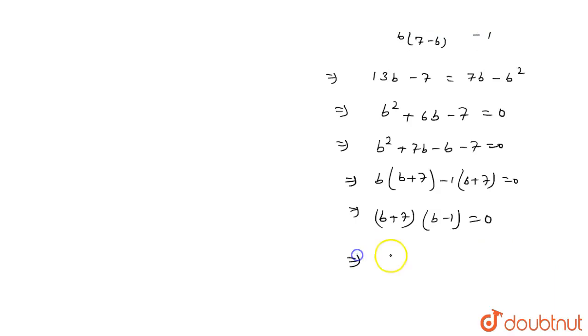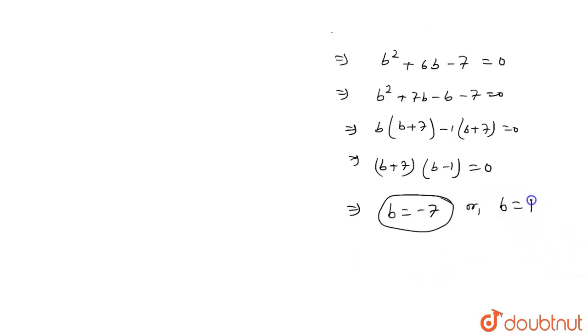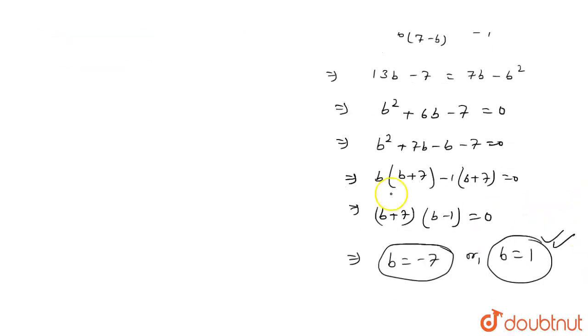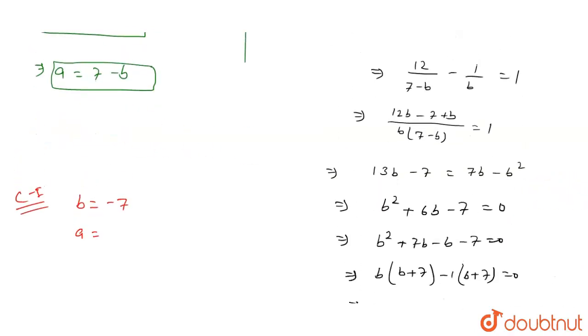Now you can say we got two values of b, which is -7 or b is equal to 1. We got two values of b, right? Now let's say case first, when b is equal to -7, then a will be 7 minus (-7), which will be 14, right?